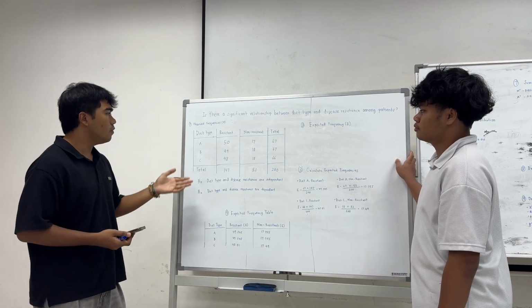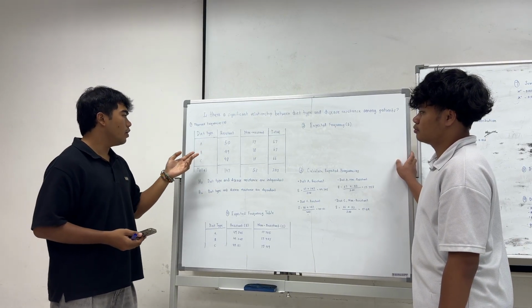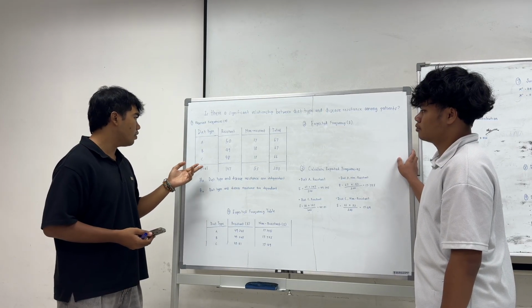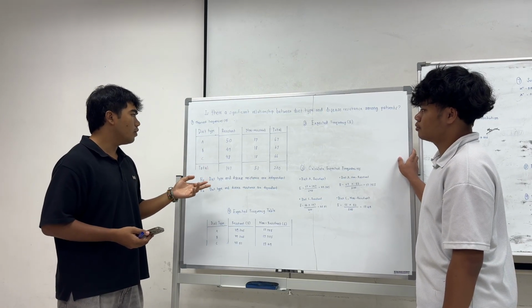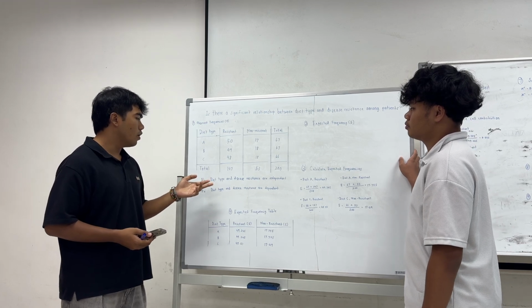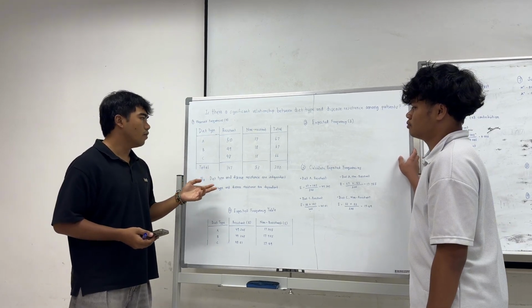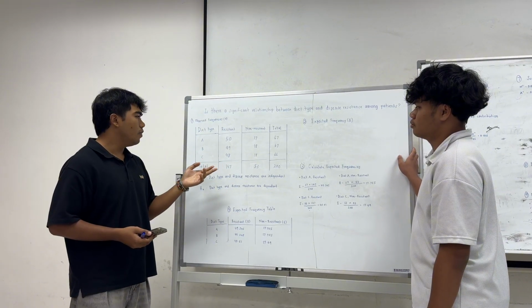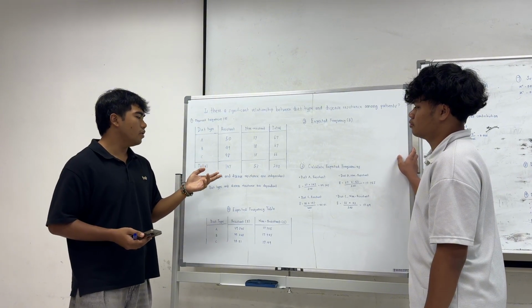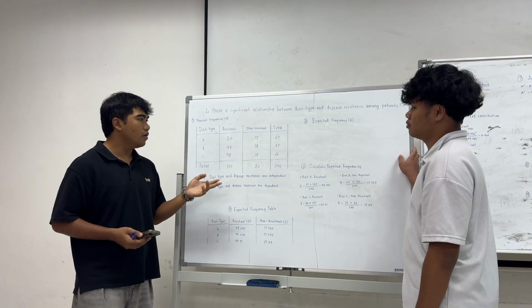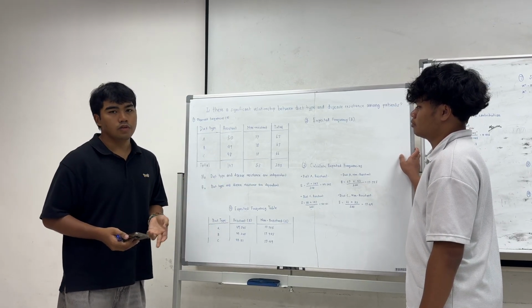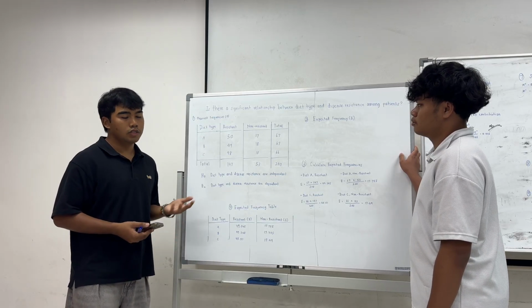As you can see, resistant for A is 50, for B is 49, for C is 48. The total is 147. For non-resistant, for A 17, for B is 18, C is 18, and the total is 53. And for the grand total, you will get 200, which is equal to the question.